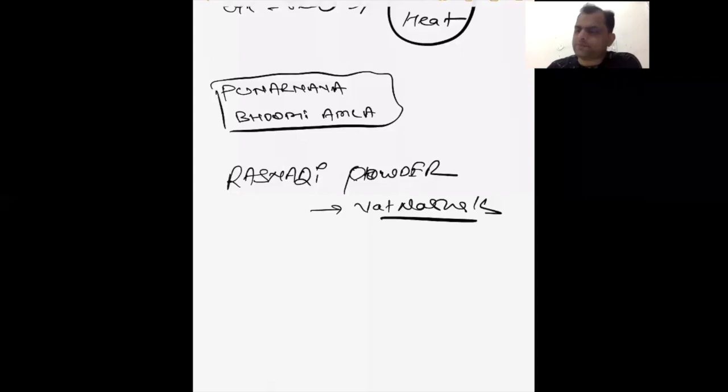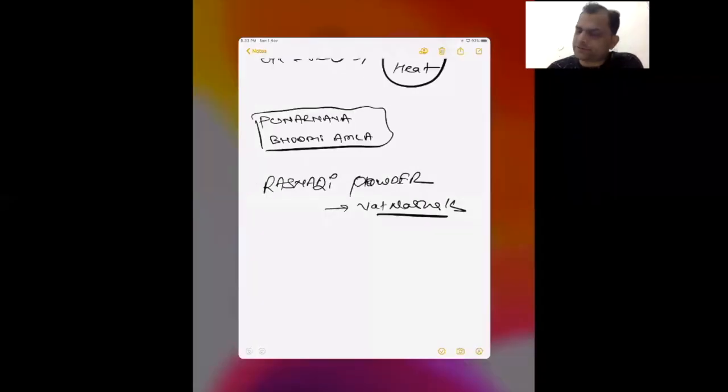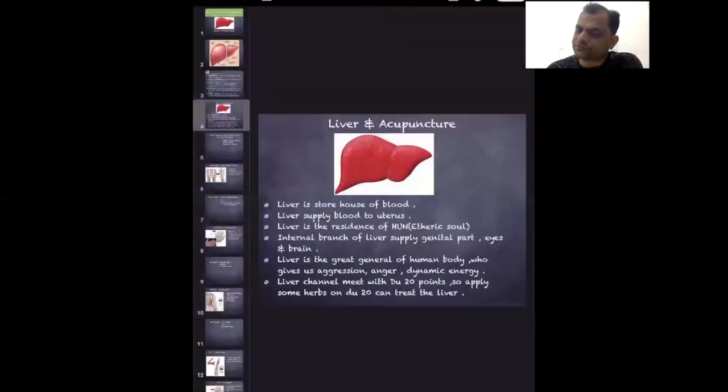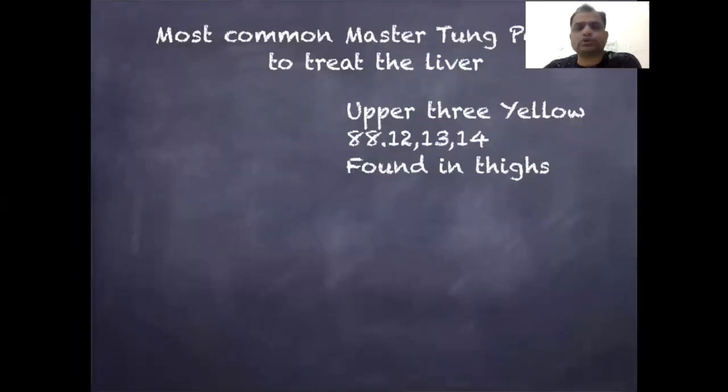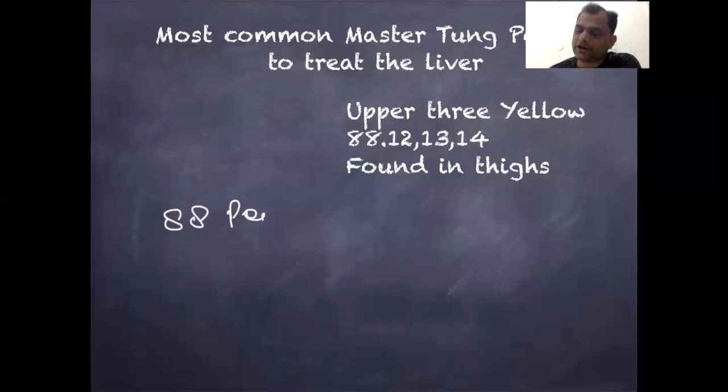So let's see the first point, the upper three yellows. Master Tung has given these points in the thighs. All the points in the thighs are called the 88 point unit: 88.01, 02, 03, 04, 05, 6, 7, 8, 9, 10.